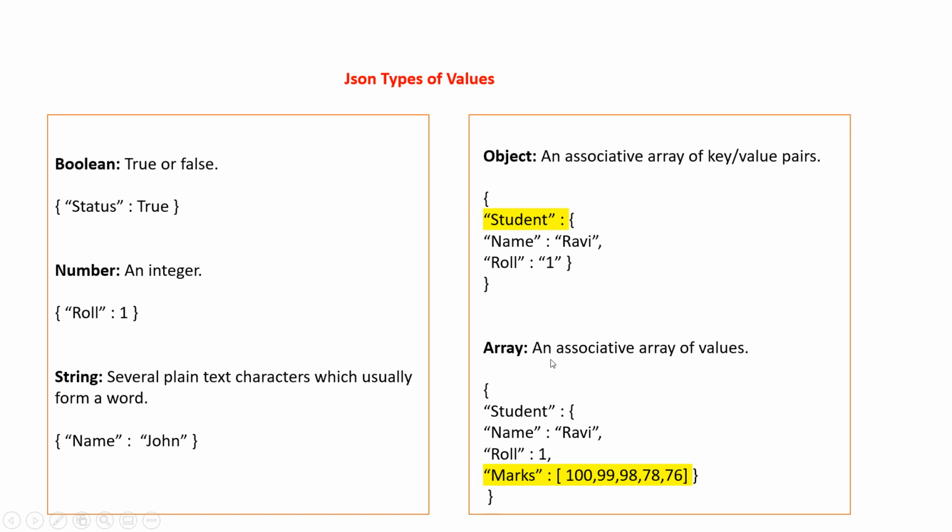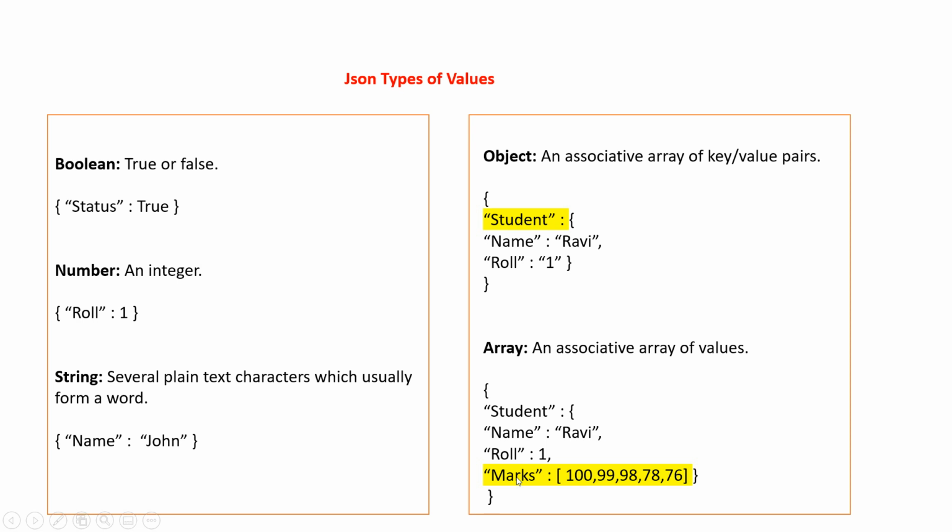Next is array. Here student is an object, and inside this student object we have three key-value pairs. One is name, with value Ravi. Another is roll, with value 1. You can see these key-value pairs are separated by commas.